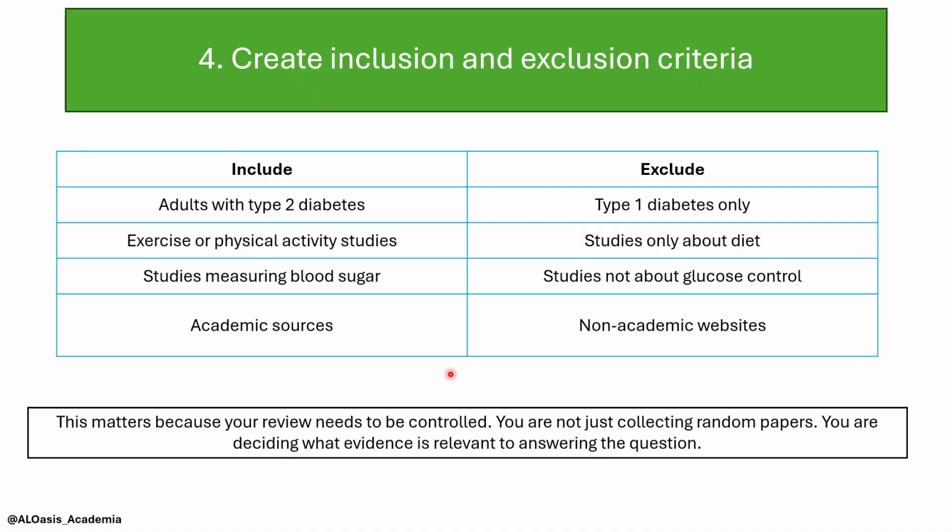So you are deciding what evidence is relevant to answering the question. And you wouldn't be able to do any of that or come up with any of these criteria if you do not understand your question correctly. So that's why the earlier steps, the PICO framework, understanding the keywords, are very essential to be able to come up with this criteria and then to have a full writing plan before you start writing.